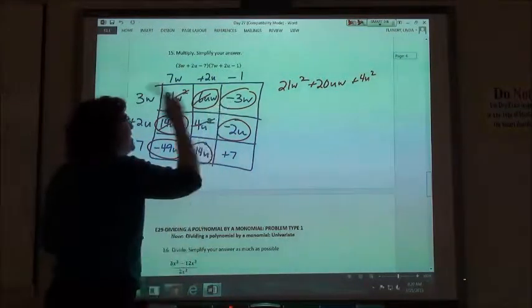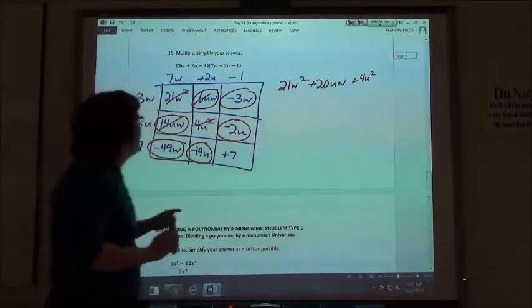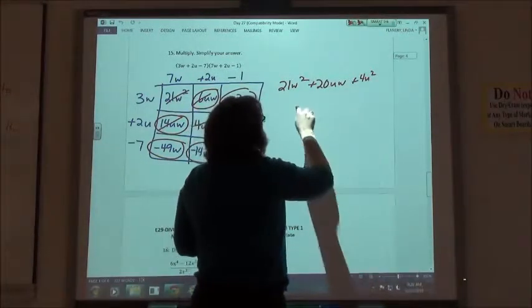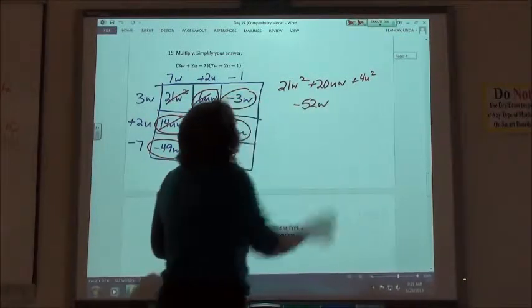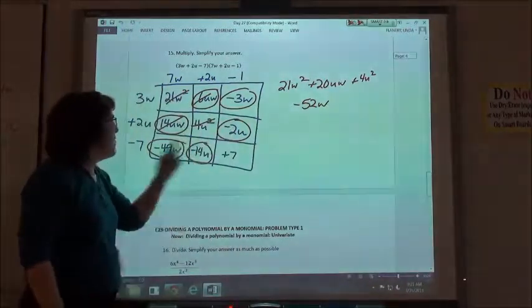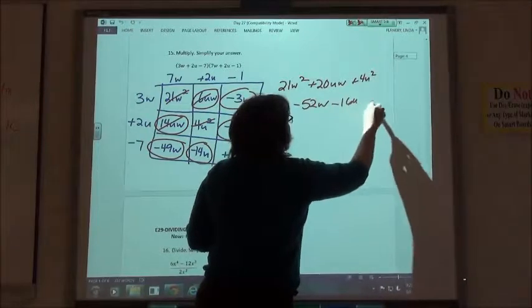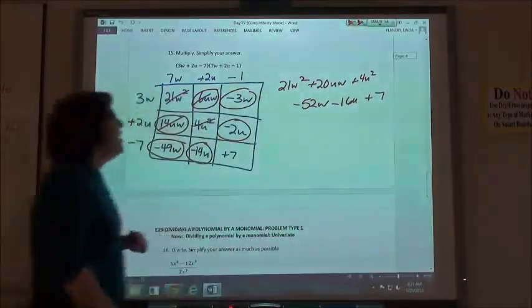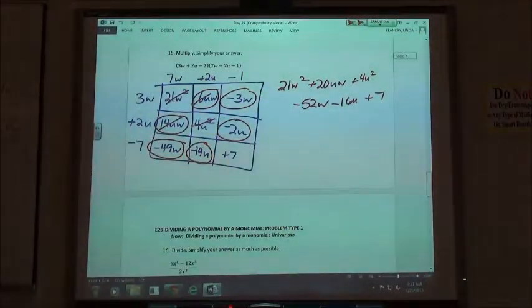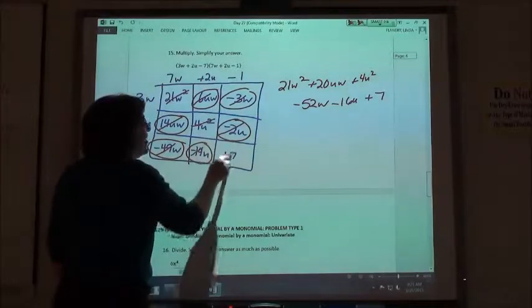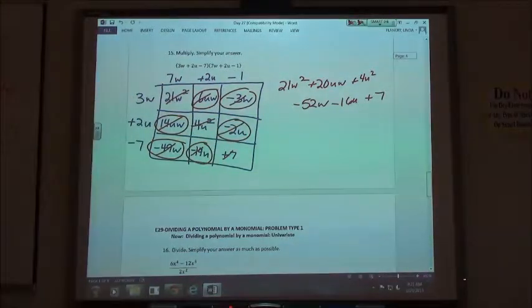Negative 49 minus 3 will give me negative 52w. And then I have negative 2 minus 14, so negative 16u, and then the plus 7. So all of that would go in for your answer. Again, the order really doesn't make a whole lot of difference, just so you've got them all there. And I get a great big long answer that I get to type in.